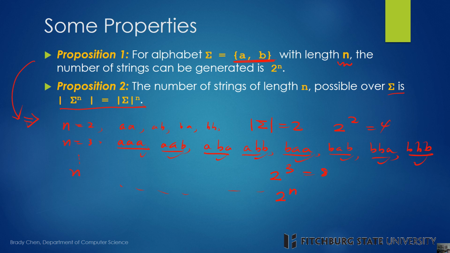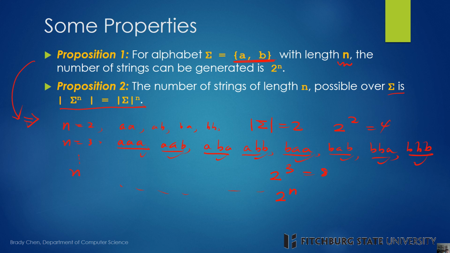Okay, so if we want to generate a string of length 10, then it's going to be 2 to the 10, which I think is 1024 elements. So it could be 10 A's, or a 9 A's and a 1 B. So you can create all the combinations of A and B of length 10.